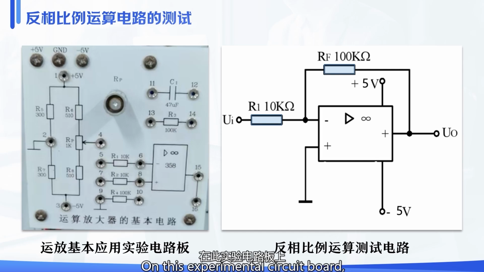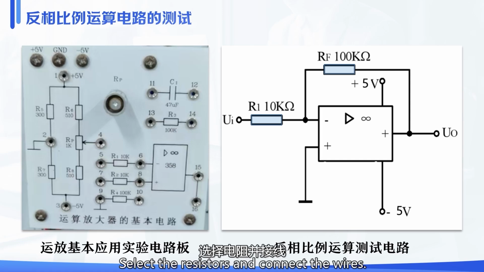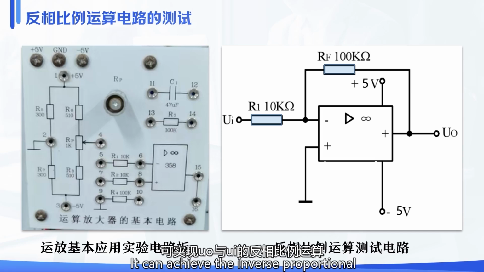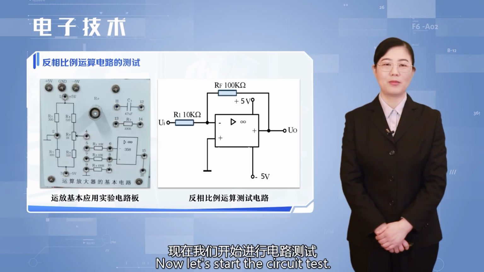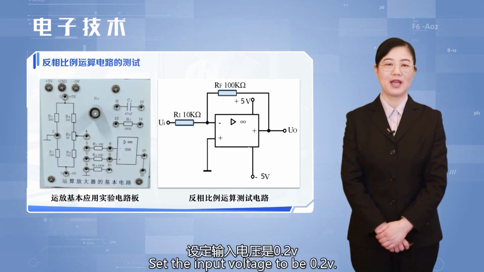On this experimental circuit board, according to the right figure, the inverting proportional operational test circuit, select the resistors and connect the wires. It can achieve the inverse proportional operation of UO and UI. Now, let's start the circuit test. Set the input voltage to be 0.2 V.